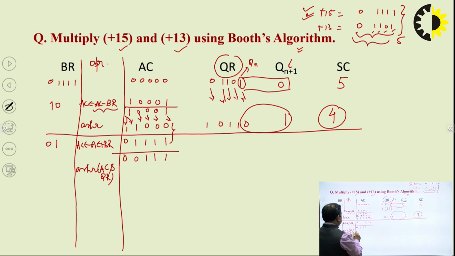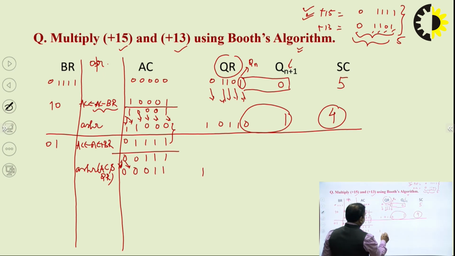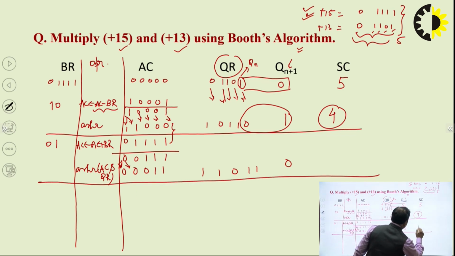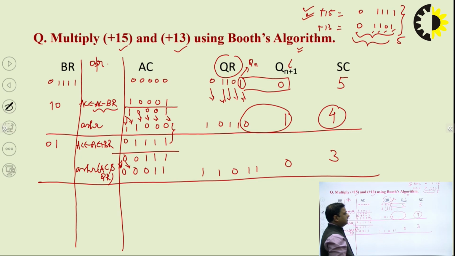So ASHR says this 0 will be here and this 0 will be shifted one position ahead, followed by 0 triple 1, 1 0 double 1 0. So my second cycle is completed, and the sequence counter will be decremented by 1, so it becomes 3.